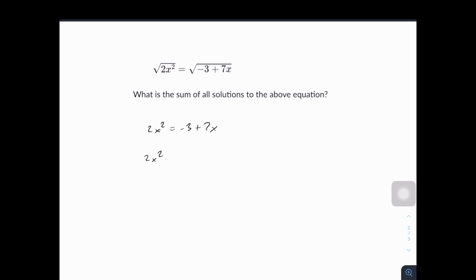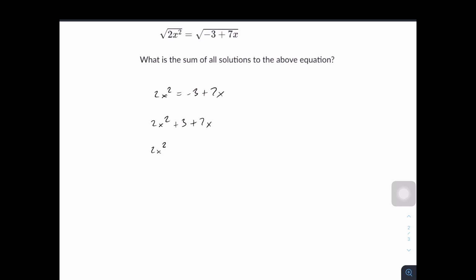So 2x squared, add 3 to both sides, and subtract 7x from both sides. So let's rewrite this as 2x squared minus 7x plus 3. And to factor this, we'll do 2x times x. And this is negative 7x, so we can do negative 3 and negative 1.